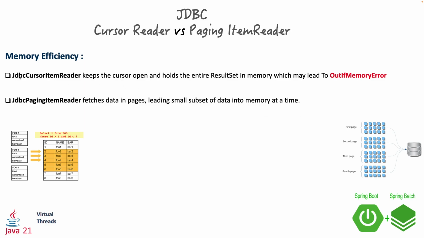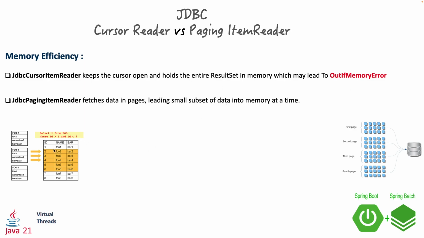And as we can see, the JDBC cursor item reader, we were talking that it keeps the cursor open and it holds the entire result set in memory, which, for example, if you have very large objects, you can have an error like out of memory error. It's possible.